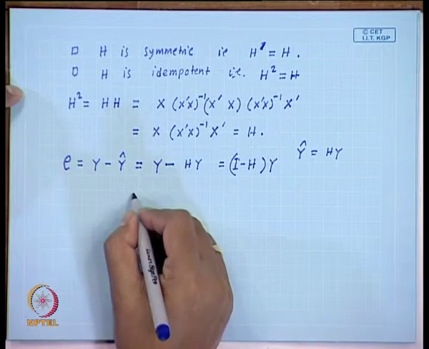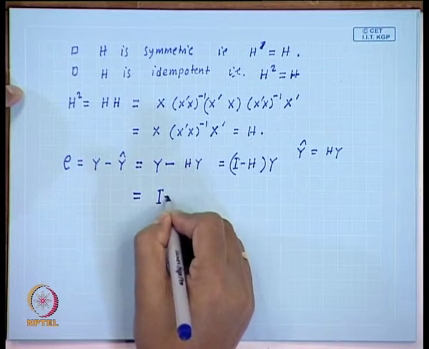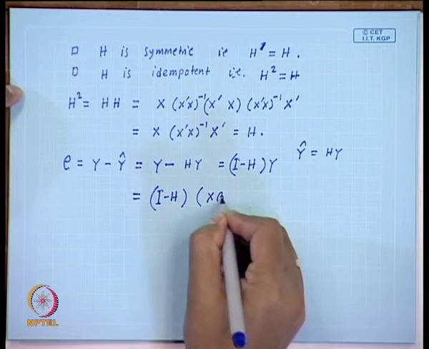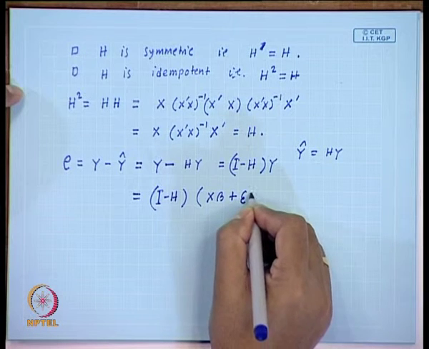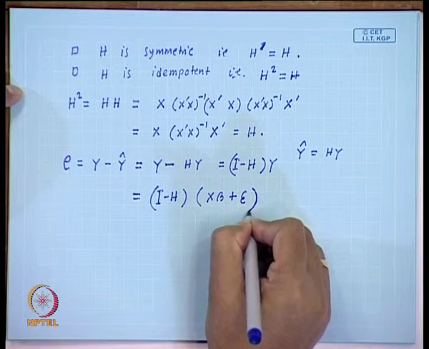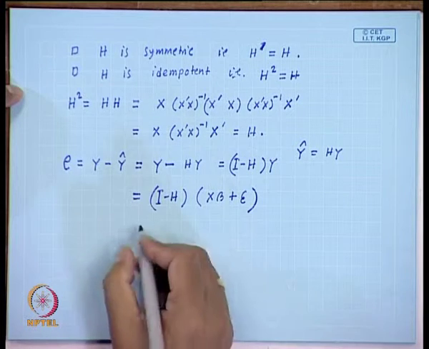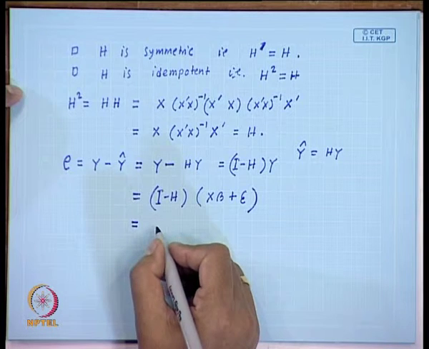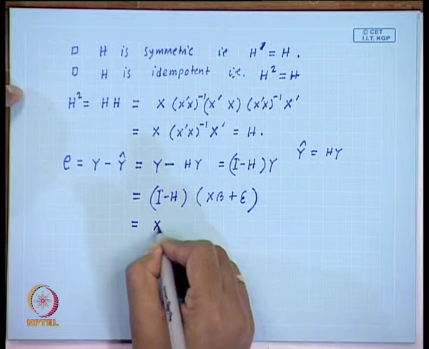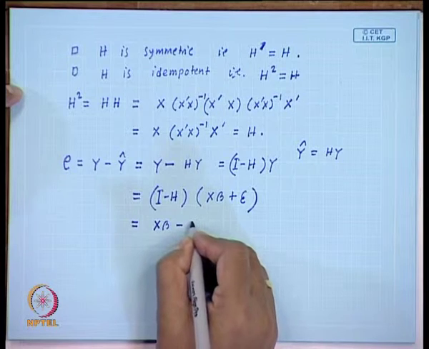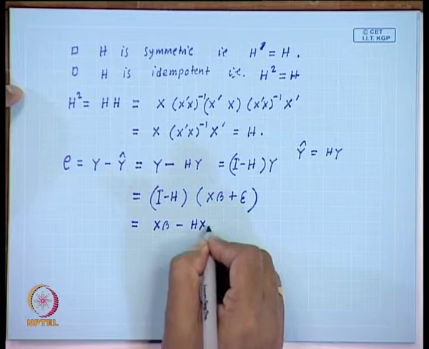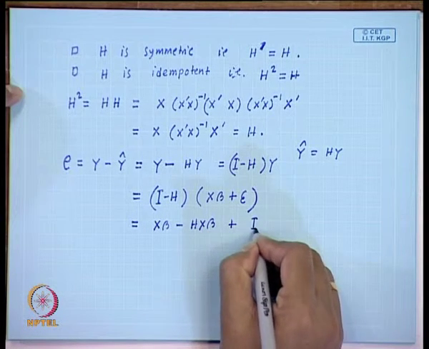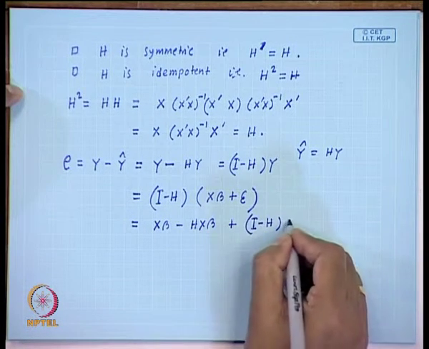Okay. So, this is equal to I minus H and y is equal to X beta plus epsilon. So, this is equal to X beta minus H X beta plus I minus H epsilon.